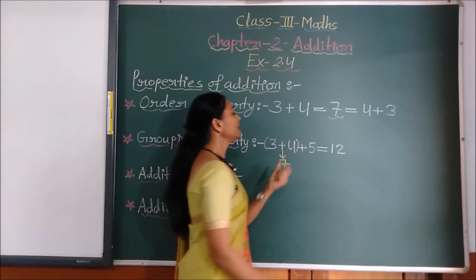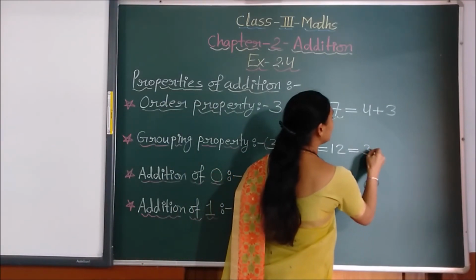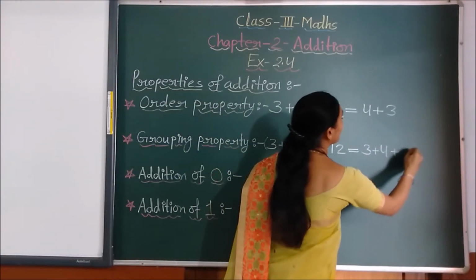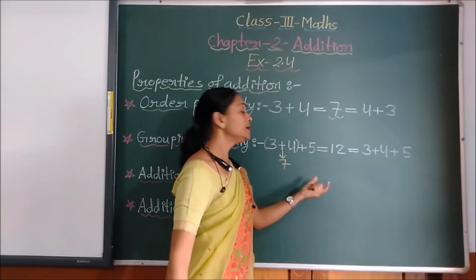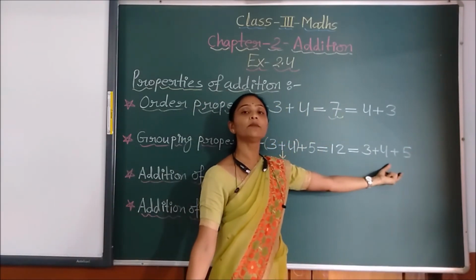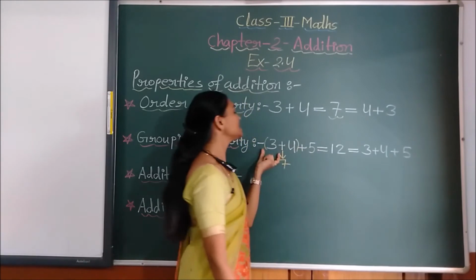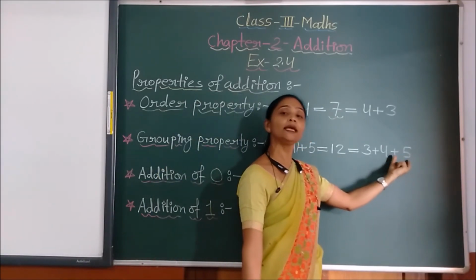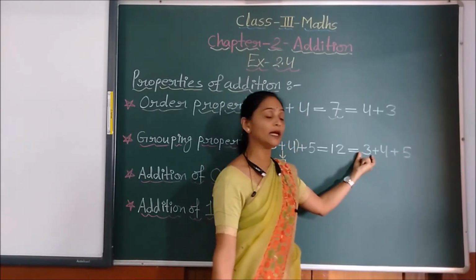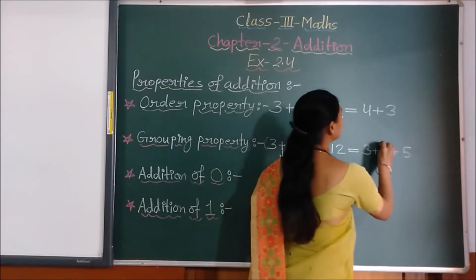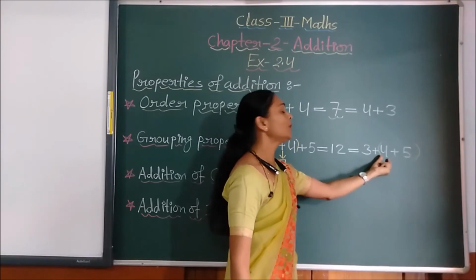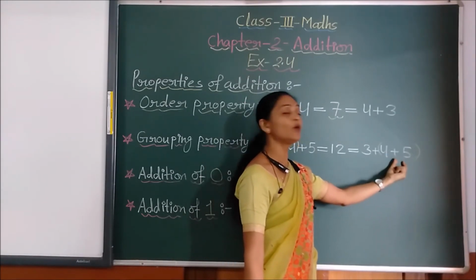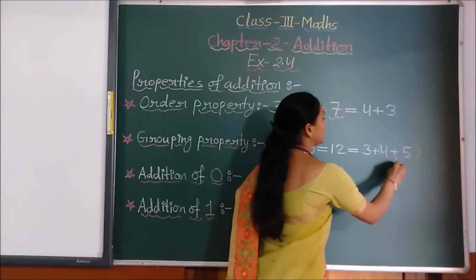Now again we write the same numbers children this side also. See, 3, 4 and 5. Now to add these 3 numbers, I don't want to repeat the same way. I want to add first these 2, and then with the answer I want to add this one. So first I made the group of these 2 numbers, 4 and 5. 4 plus 5 is 9.